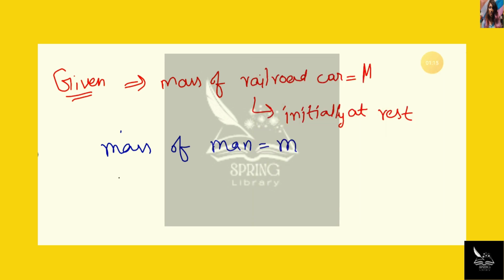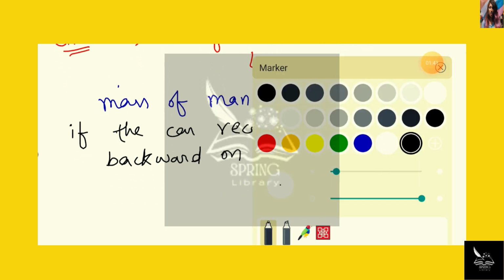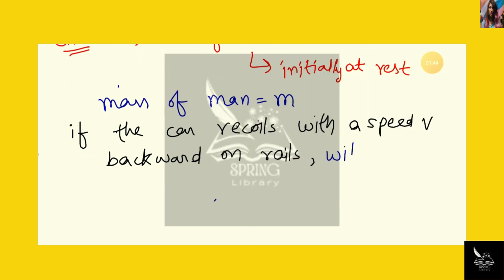So if the car recoils with a speed v backwards on the rail, then the question asks with what velocity the man is approaching the engine.